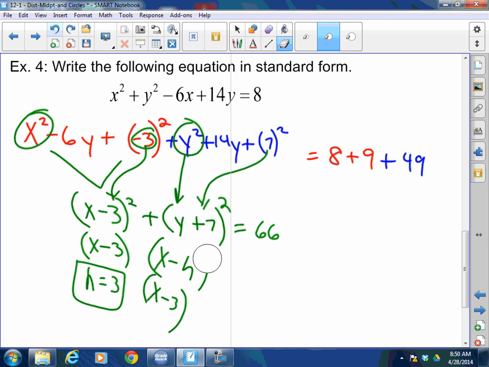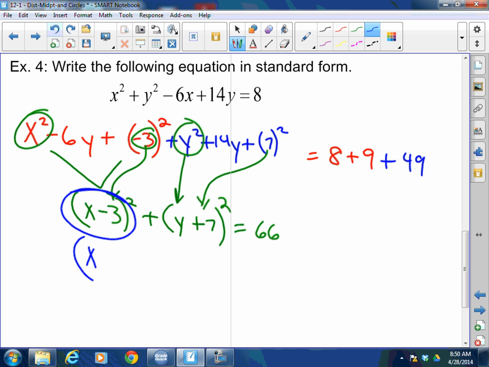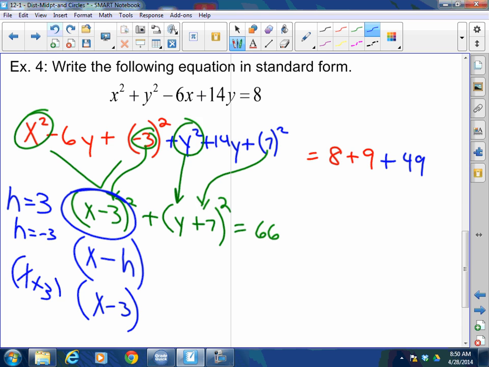Okay. And I really appreciate your question. I really understand it. We're not going to stop this until you understand this today. This is x minus 3. You're right. Doesn't that come from x minus h? So isn't h 3? If h was negative 3, wouldn't it be x plus 3?